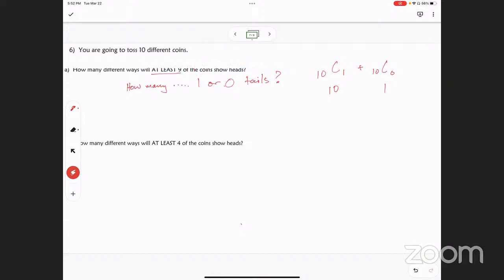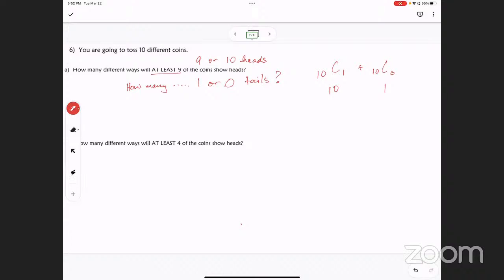That means you have either 9 or 10 showing heads, right? So if there's either 9 or 10 heads, how many tails are there going to be? 1 or 0. So it's easier to do these problems than those ones. They're technically the same, but in my head it was easier to think of it that way.